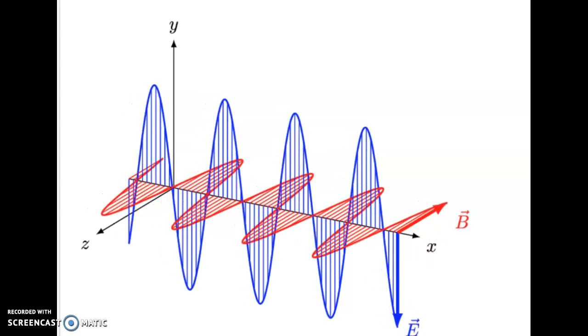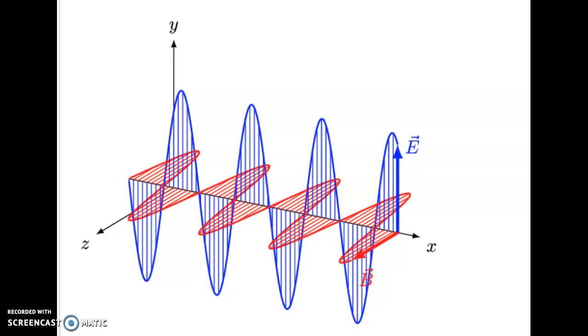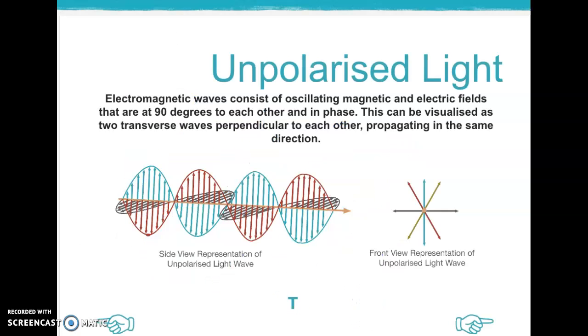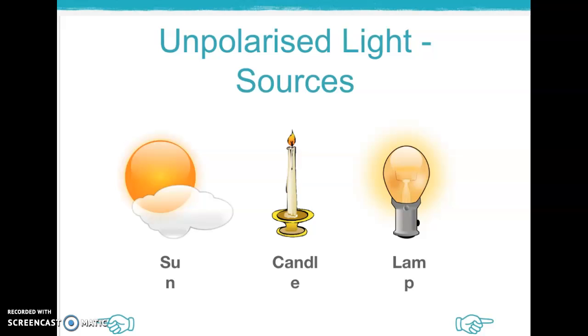Okay? And in terms of this phenomenon, polarization, this would be an unpolarized light wave. That means nothing's happened to it. It's totally complete and it's fine. Most of the light sources that you use, natural light sources, are unpolarized light.